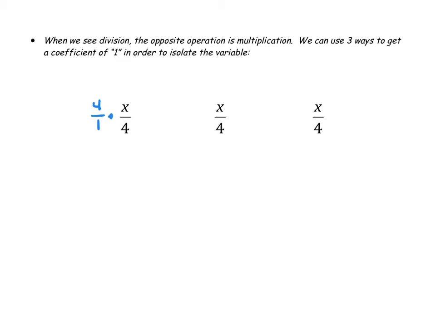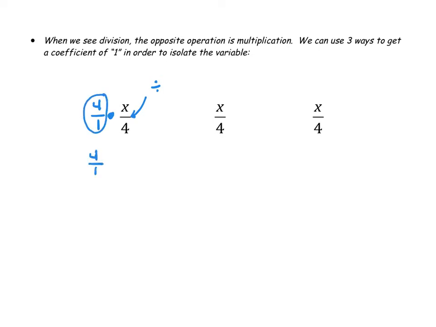What I'm doing is using 4, the denominator, the bottom number, but I'm also using an opposite operation. I'm seeing division, so that's why I'm using multiplication. I'm dividing by 4, so I want to multiply by 4. I'm just choosing to write 4 in fraction form.